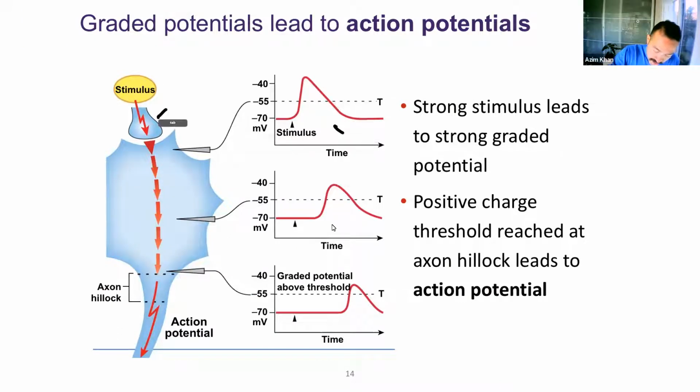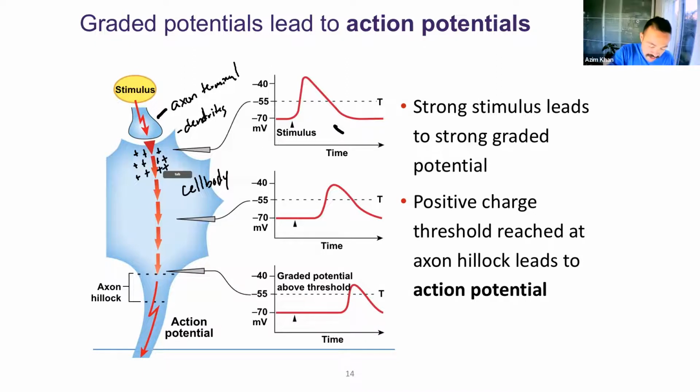So again, here's the axon terminal of one neuron. Here are the dendrites and cell body of the other neuron that we're looking at. If we look at that electricity, that graded potential, remember it's very, very positive in this area closest to where the channel opened up. It's not going to be as positive out here where the axon hillock is.